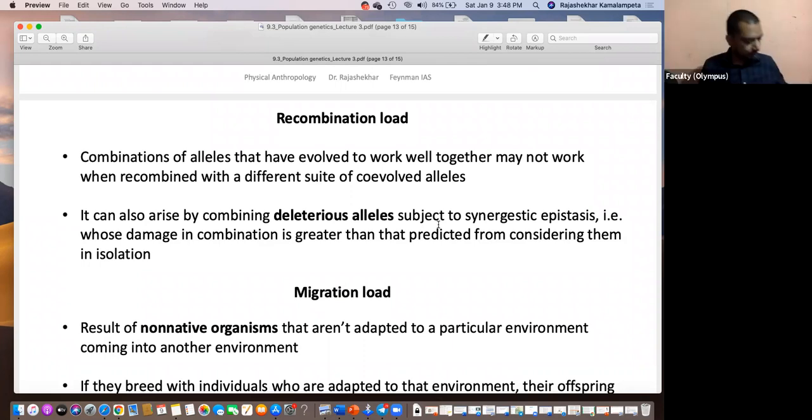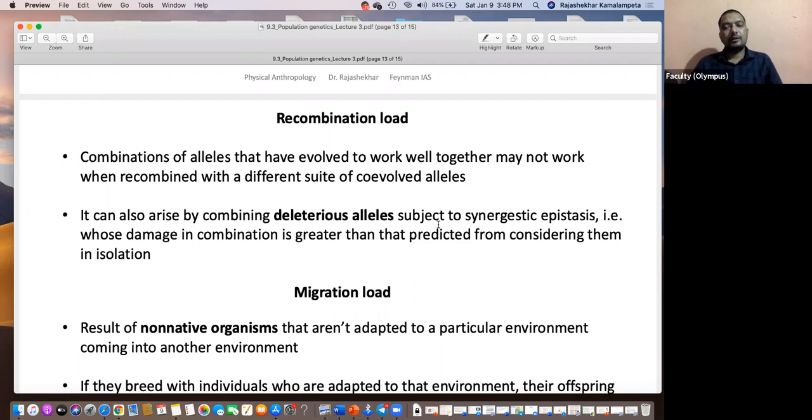So what is recombination first? For many of these things, you have to remember, start with the general concept. Look at the term recombination. Re means again, creating combinations. Combinations means joining things from different sources, combining them.